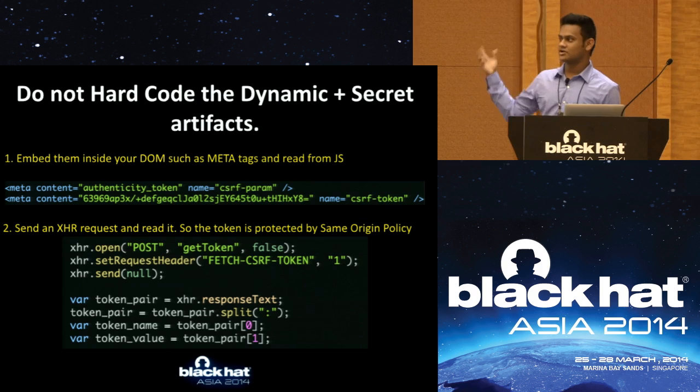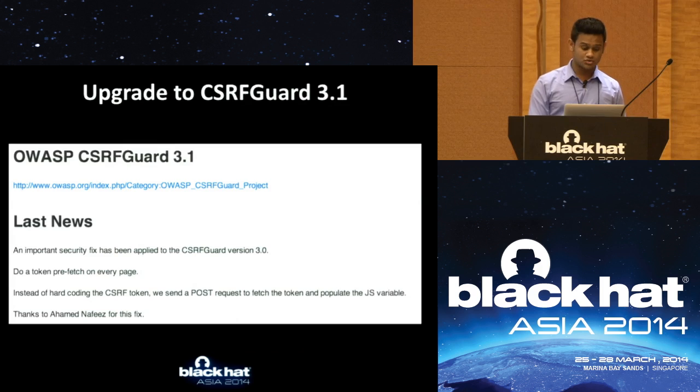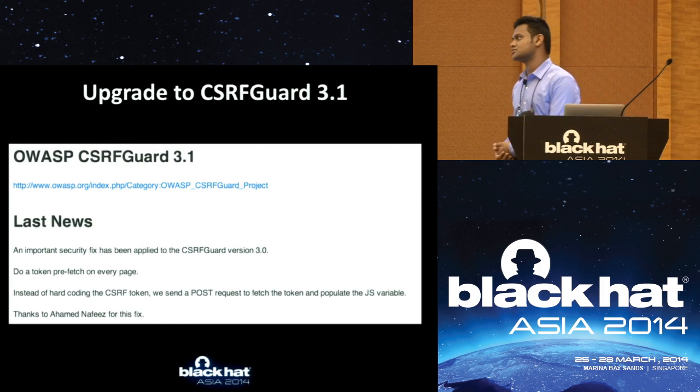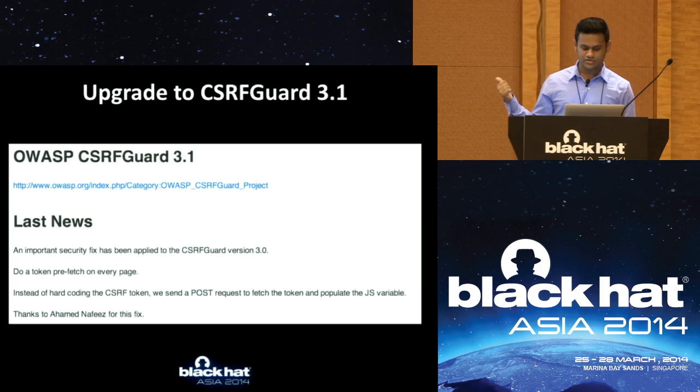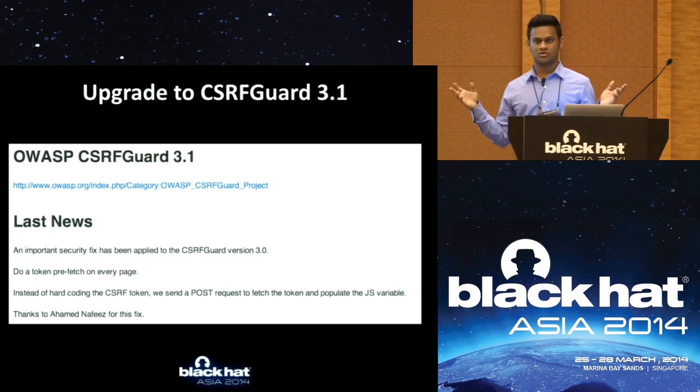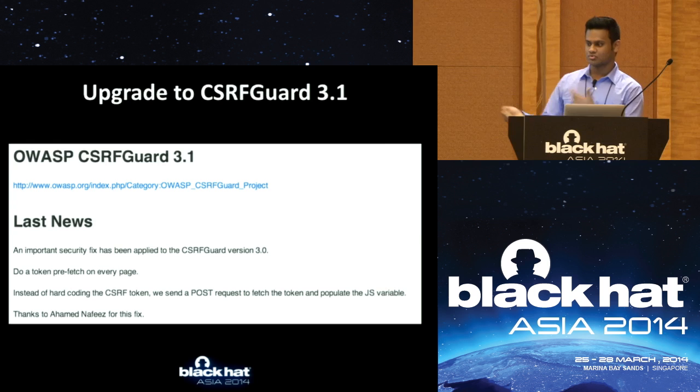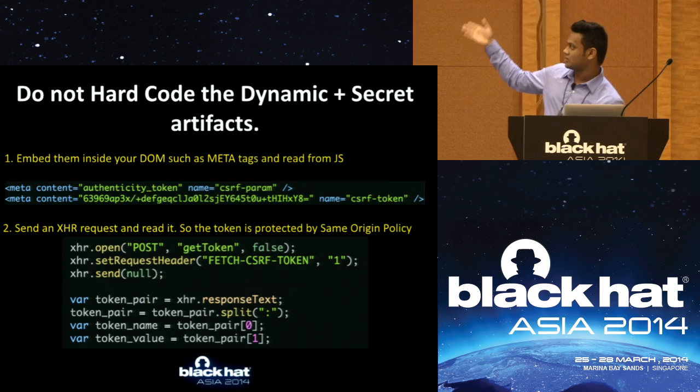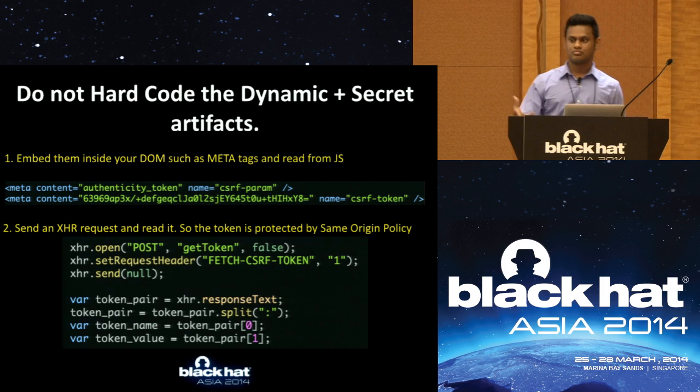You can fetch the current token from a different endpoint. That's how we fetch it in CSRF Guard as well. All versions of CSRF Guard 3.0 are vulnerable. From 3.1, we send a POST request, do it in the second way, take the token and populate your variable.